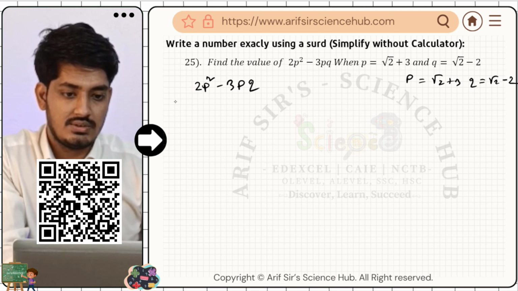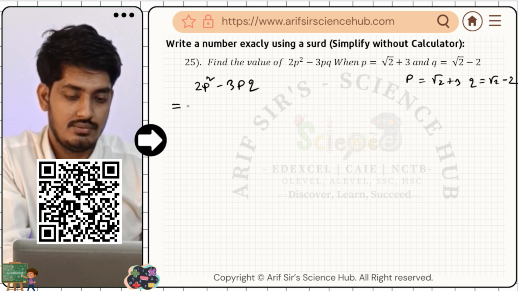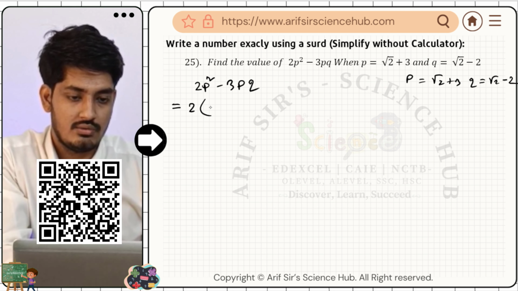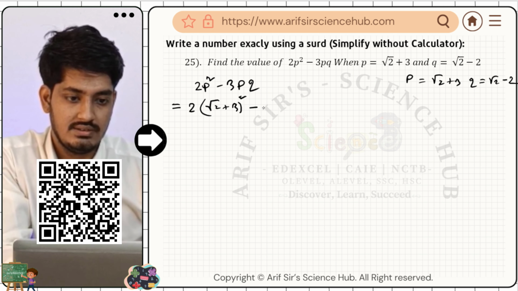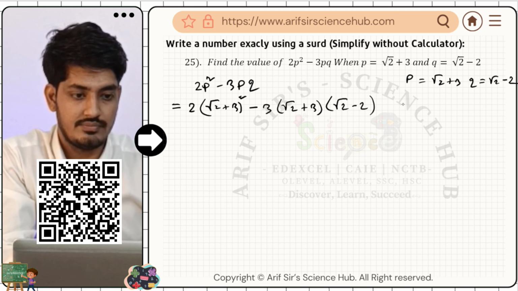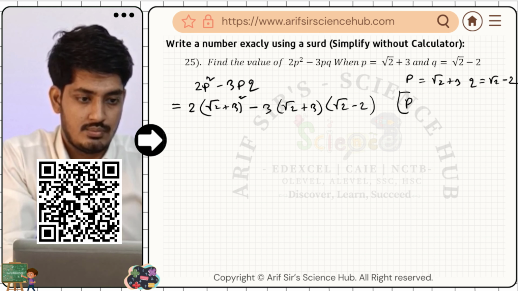We have to solve this expression, 2p square minus 3pq, with the given values. So we just put the value of p and q here: 2 into square root 2 plus 3, then square, minus 3 into square root 2 plus 3, and square root 2 minus 2. This is the value of q.